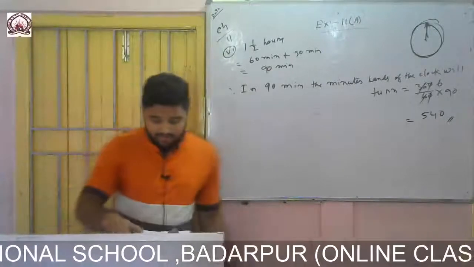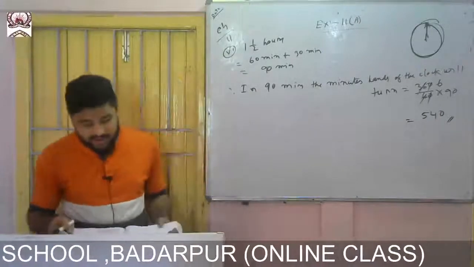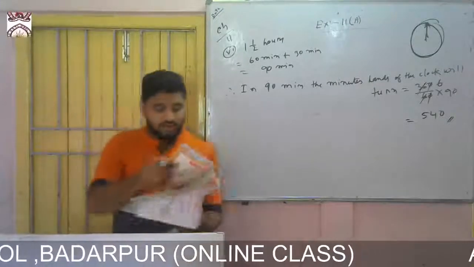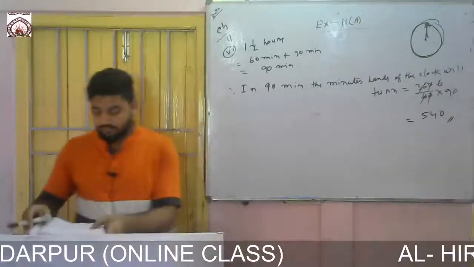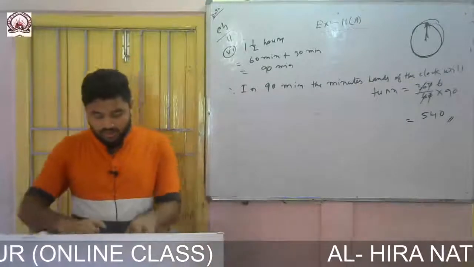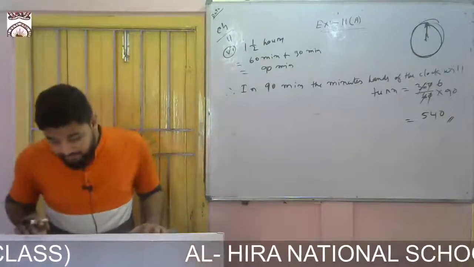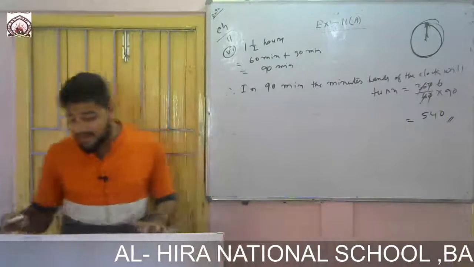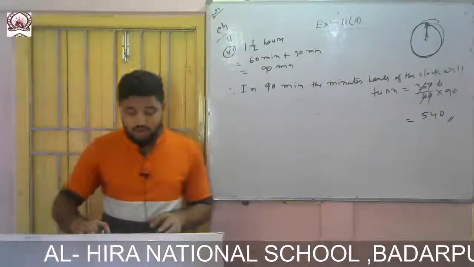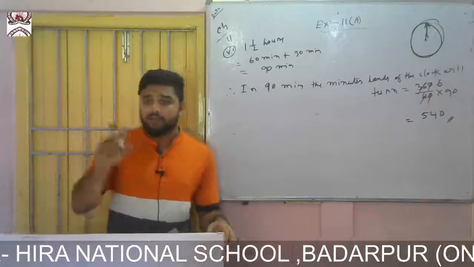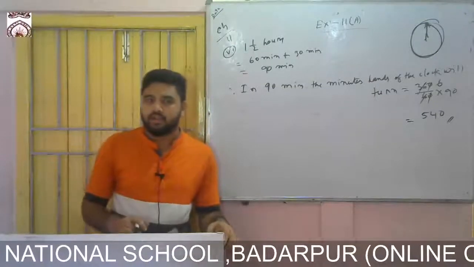Now come to question number F. So in question number F, what we need to do? Through how many degrees does the hour hand of a clock turn? In 12 hours it will turn 360 degree.